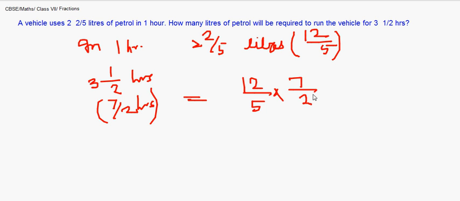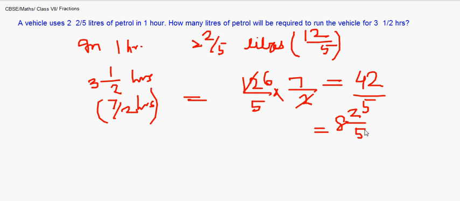If I see what can get cancelled, I can see 6 into 7 is 42. 42 upon 5, because we learnt in the product, we actually multiply the numerator with the numerator and denominator with the denominator. So I think it's giving me 5 8s of 42, remainder 2, and that's giving us 5. So this would take 8 whole 2/5 liters.